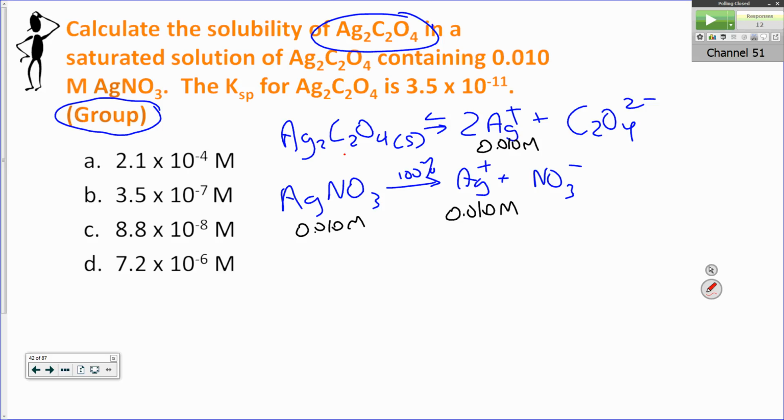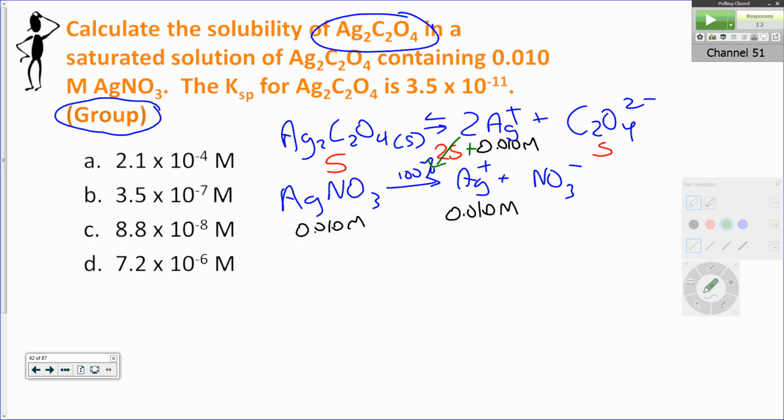If this is solubility, the silver would be 2 times the solubility, and the oxalate would be solubility. The total silver is what comes from the solubility plus the 0.01. And I showed you from previous problems, the common ion predominates, so that term is going to fall out.